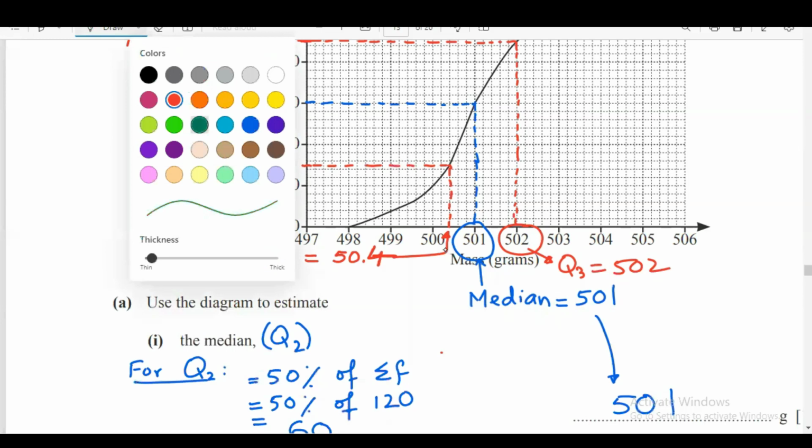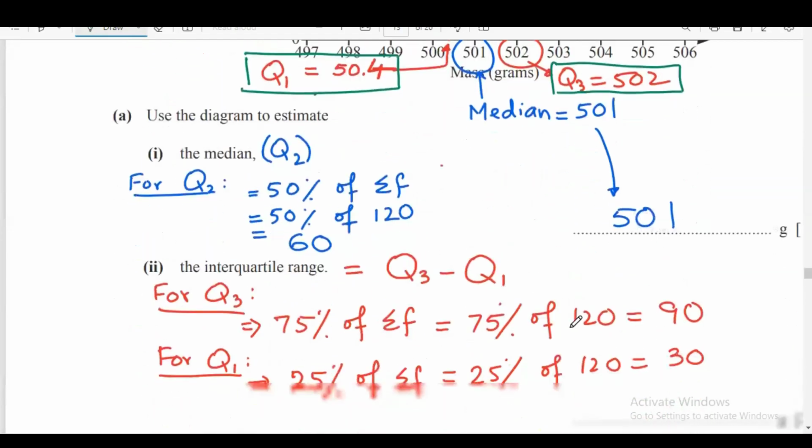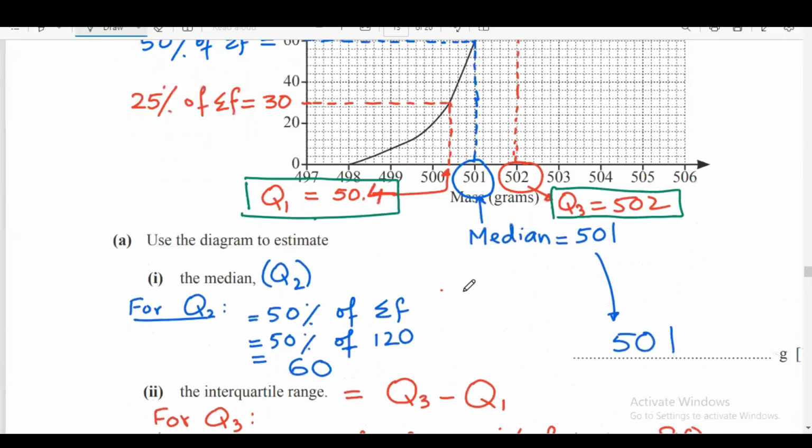Now for the interquartile range, we use Q3 and Q1, the values from the x-axis. So interquartile range will be Q3 minus Q1. The value of Q3 is 502. Write down 502 here, minus the value of Q1, sorry, it is not 50.4, it is 500.4.